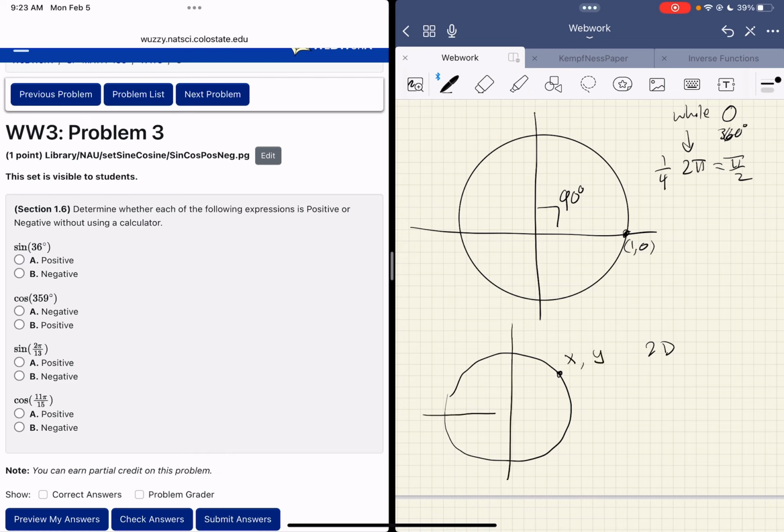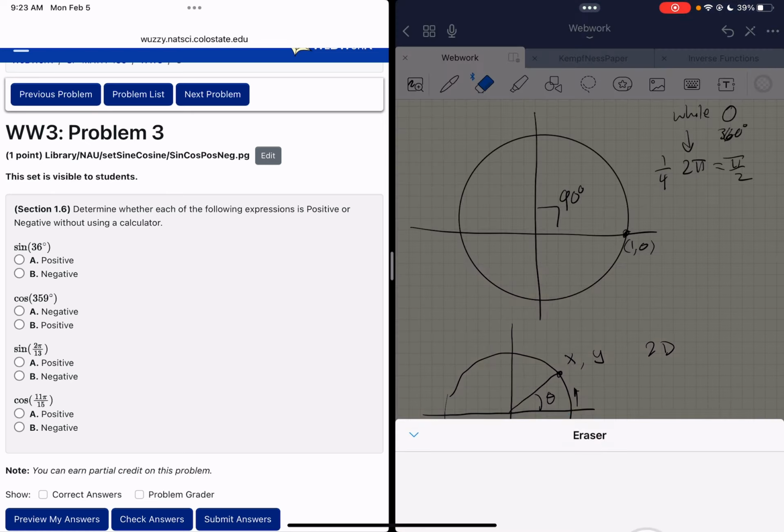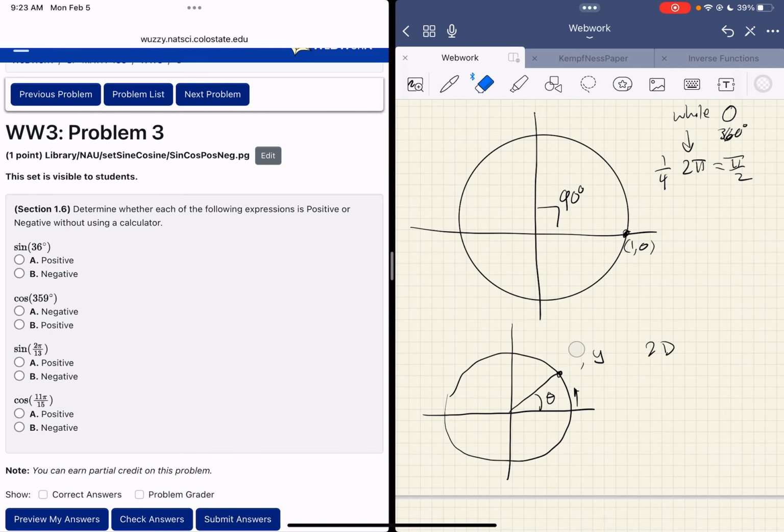And at the same time, if my entire existence is stuck to living on this circle, then if I know how far around I've gone, you could be like, well, wait a second, wouldn't that tell me my x and y position? Shouldn't x be a function of theta? And shouldn't y be a function of theta? And so from knowing this information, I can get this information.